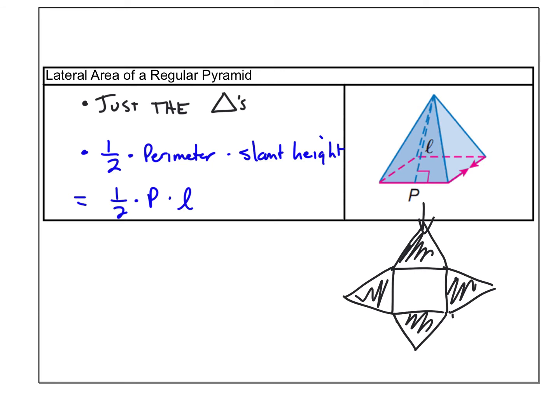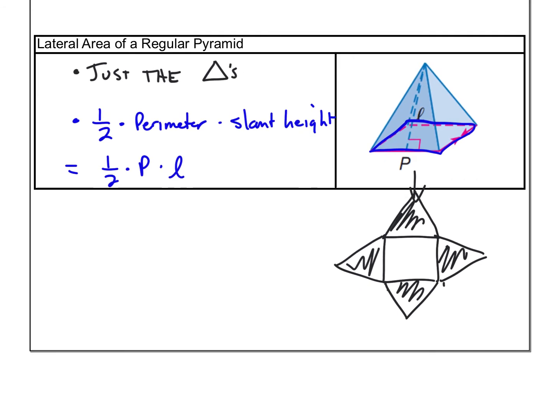Perimeter literally means all of those sides, the perimeter of my base. So why does that work? Another way to think about it: if I found the area of one triangle, I could multiply it by 4 in this case, or by however many triangles there are.